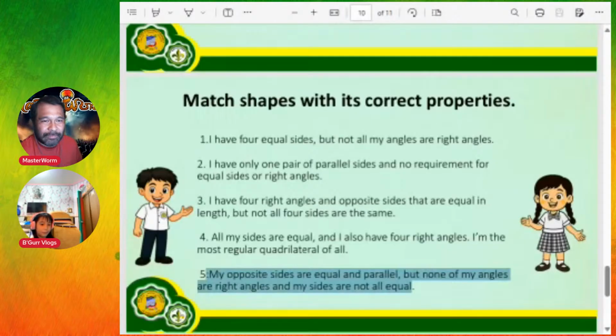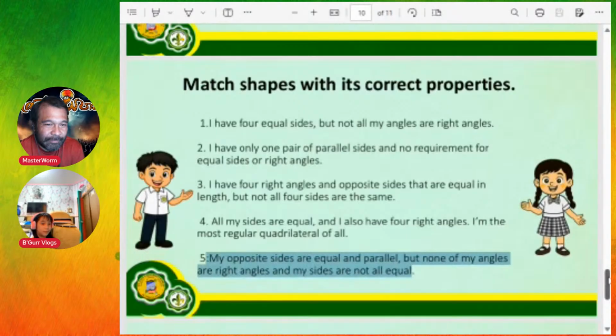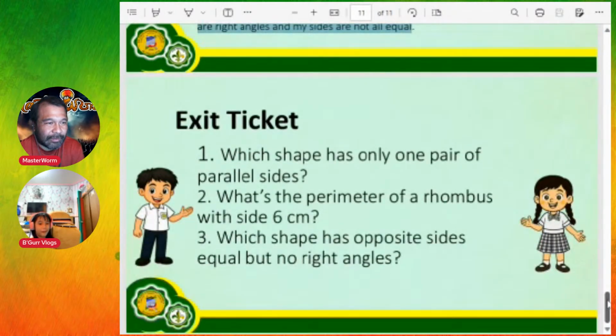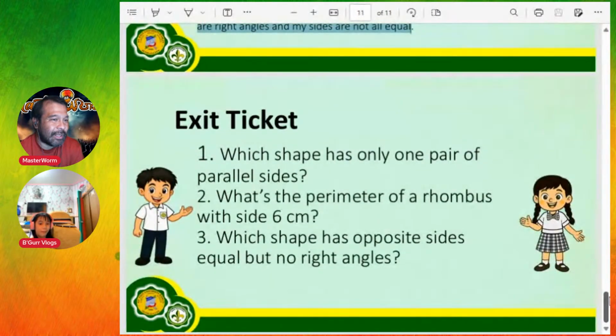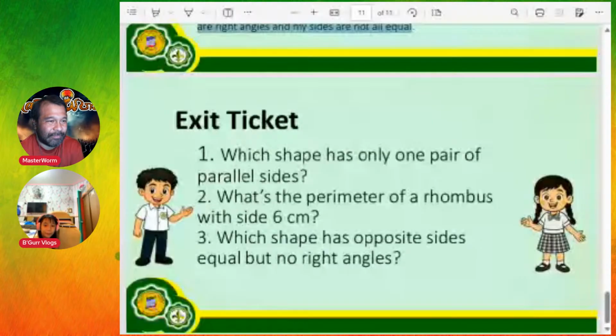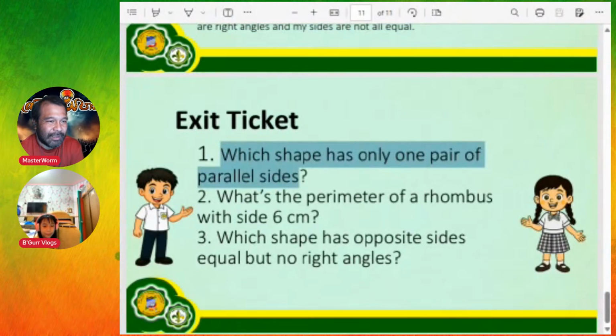Are you confused or no? You're good? Okay, let's go. This is the last one. Exit ticket. Which shape has only one pair of parallel sides?